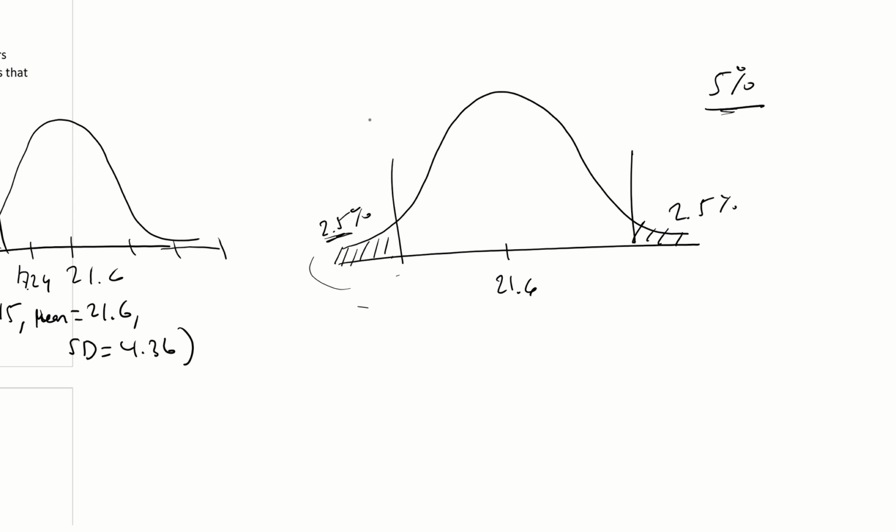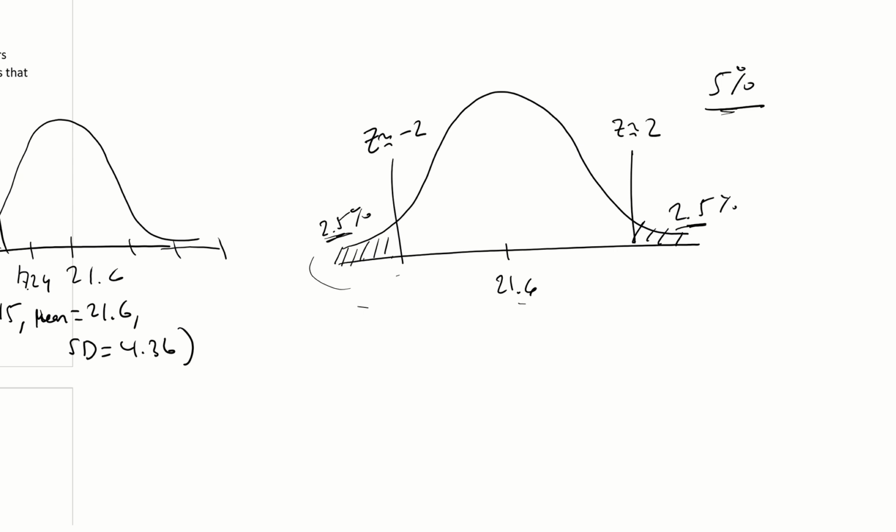We would be surprised by that result. And in the same way, if it's greater than 21.6, such that we get 2.5% or less than that, then we would be surprised by the result as well. And so we split the difference, 2.5% on each tail. And what that equates to is that the z has to be approximately between -2 and 2.